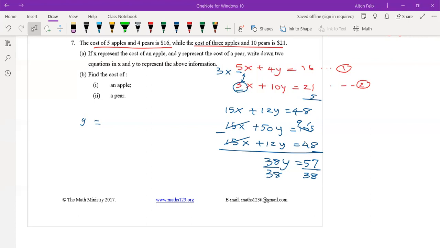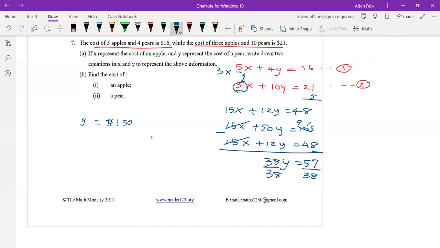Right, $1.50. So that's the cost of a pear. Right, a pear costs $1.50. Right, so we've got to be careful with that 1.5 when we substitute in to solve for x.